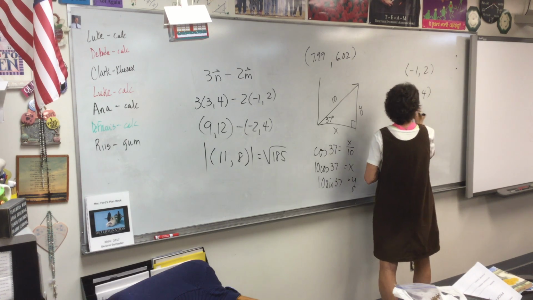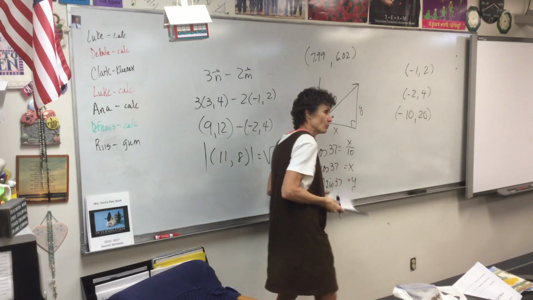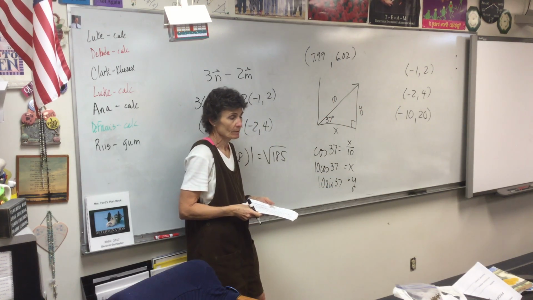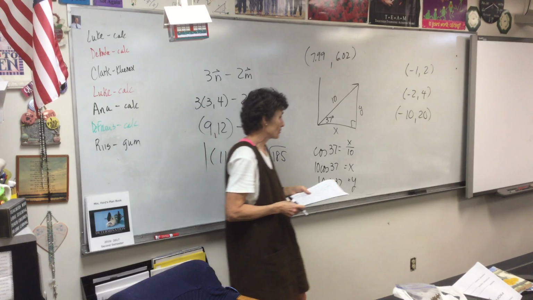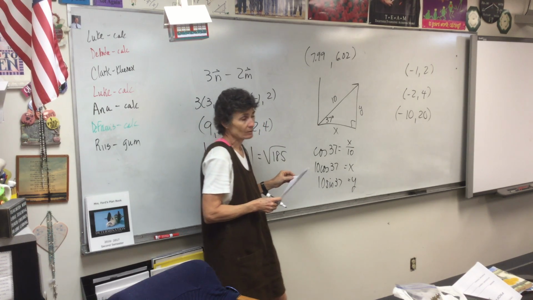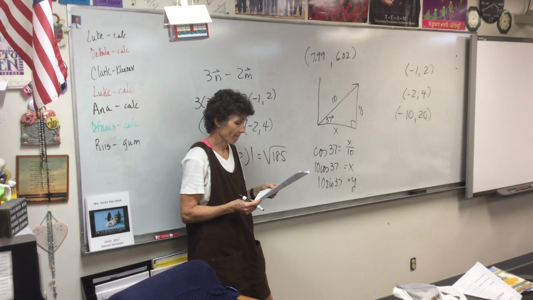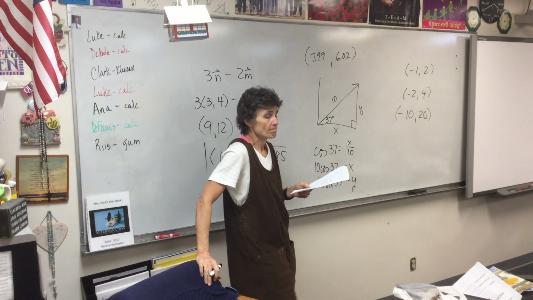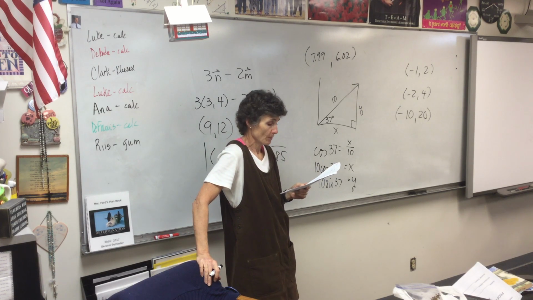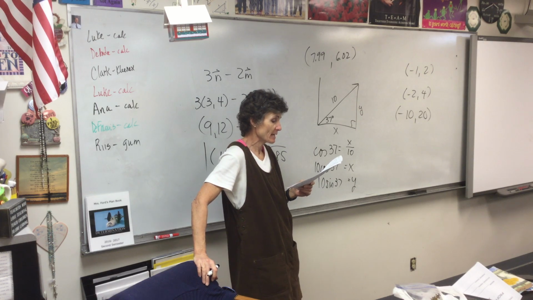How about -10, 20, would that work? You can multiply by whatever you want. Yep, you can multiply by 10, anything. You can do fractions, radicals, decimals, anything. I'm gonna make mine the biggest number possible. Multiply by 1,000. 1,000, 2,000.